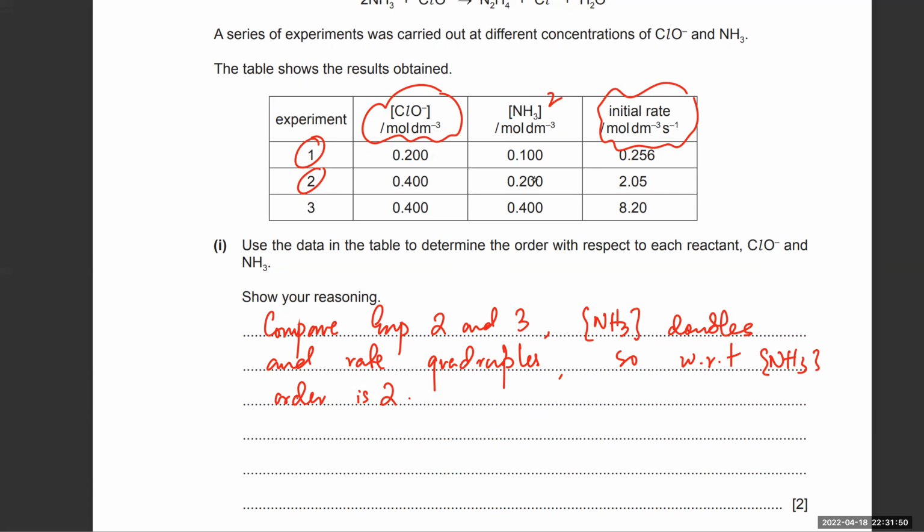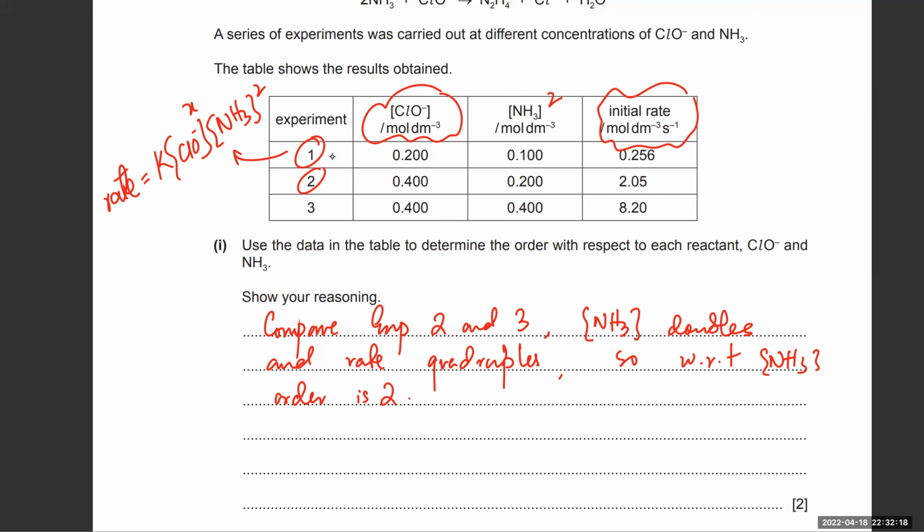What you're going to do is make a rate equation. The rate would have a constant K, it's dependent on the concentration of ClO minus 1, and you don't know how, so that's X. And it's also dependent on the concentration of NH3, and for that you know the order, which is 2. You're going to substitute experiment number 1 values into this.